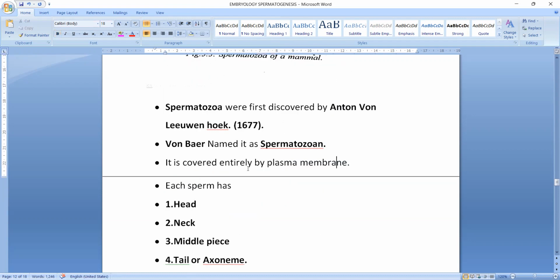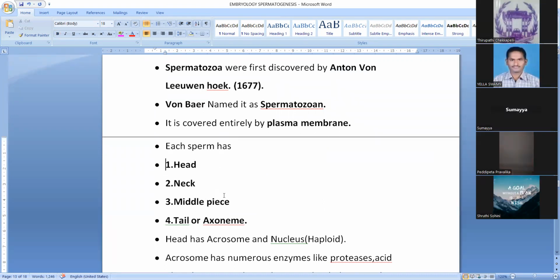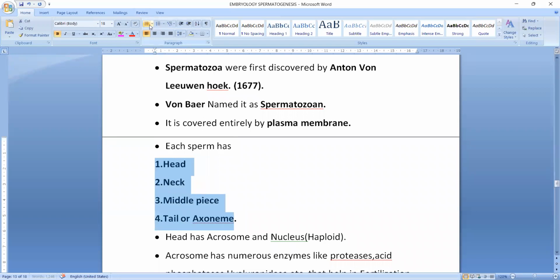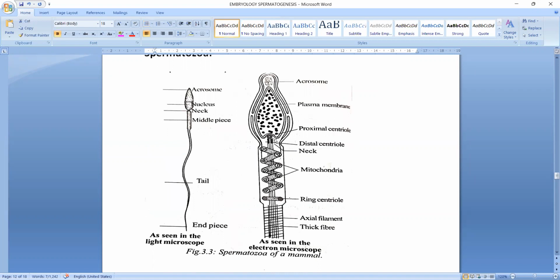Okay, so it is covered entirely by plasma membrane, just like all other cells. Each sperm has head, neck, middle piece, and tail, or you can also call it axoneme. So this part is head. Okay, so a small neck here.